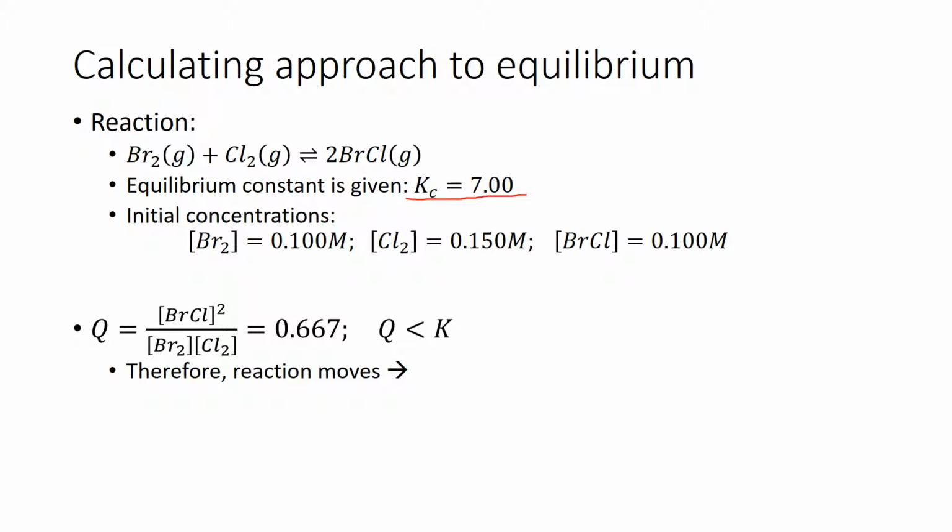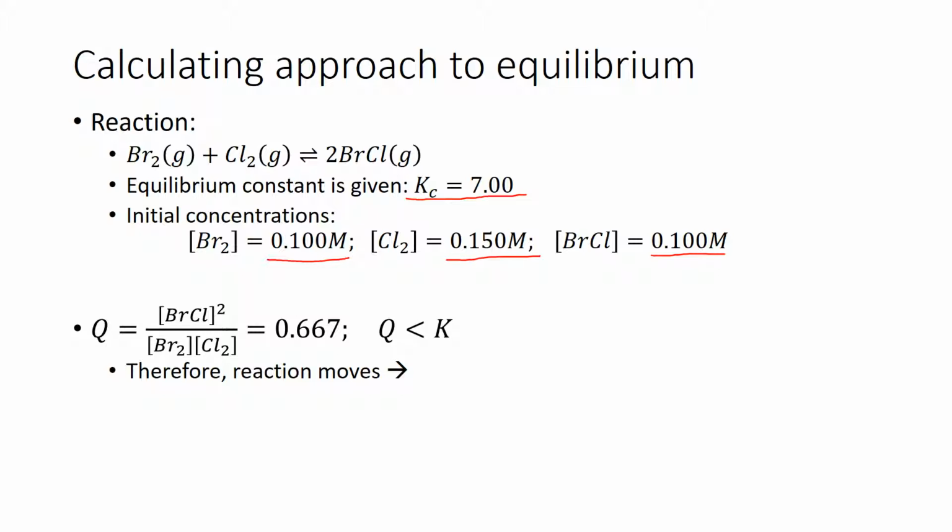If for no other reason than if Q happens to be equal to K, then we're done. We don't have anything more to calculate. But also to see which direction the reaction is going to move. So putting in the values, 0.1 for BrCl raised to the second power, 0.1 for bromine, and 0.15 for chlorine.